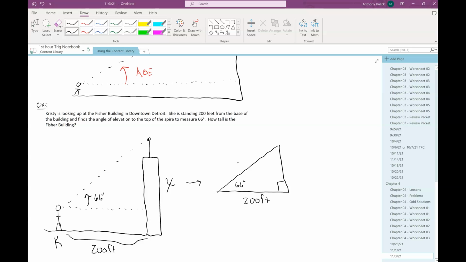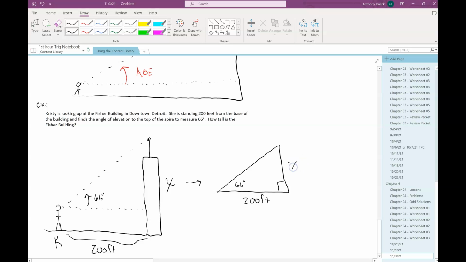Typically, it's desirable to build the building perpendicular to the ground. One notable exception. What building do we know is not perpendicular to the ground? The Leaning Tower of Pisa is one famous example of a building not perpendicular to the ground. But in general, we'd assume that any structure is going to be perpendicular to the ground, right?